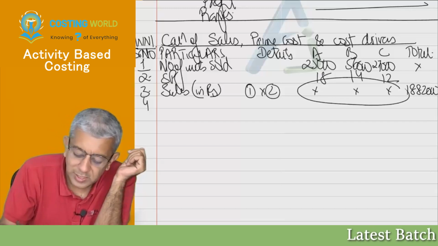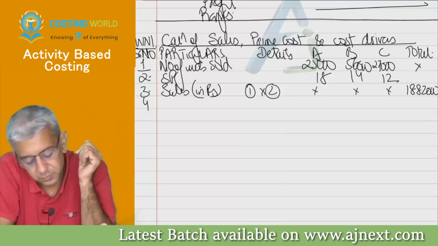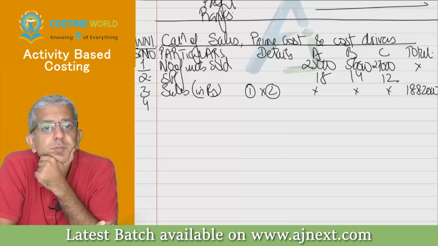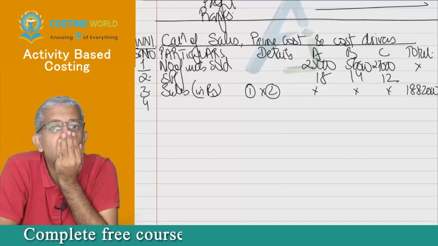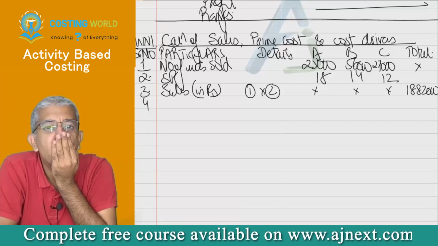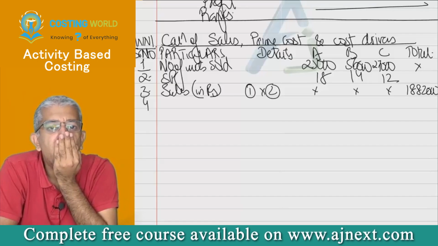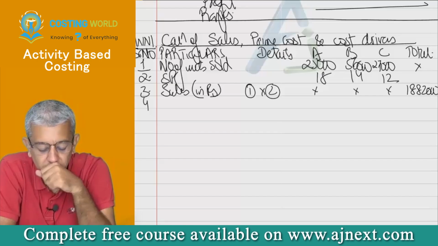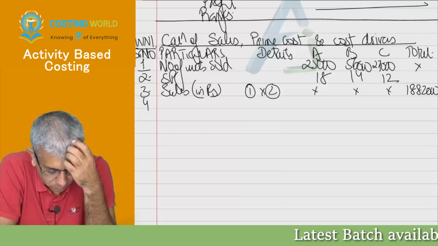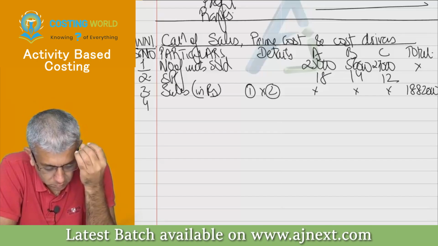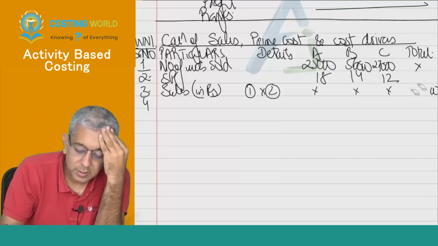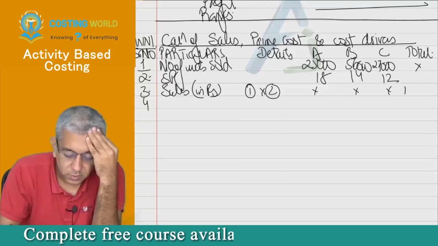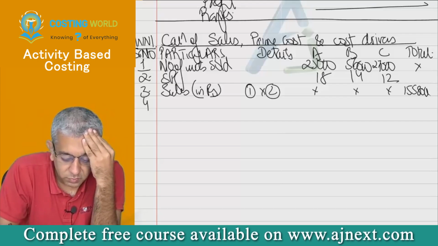Just put all these sales in your first two statements, please. 15,58,000.